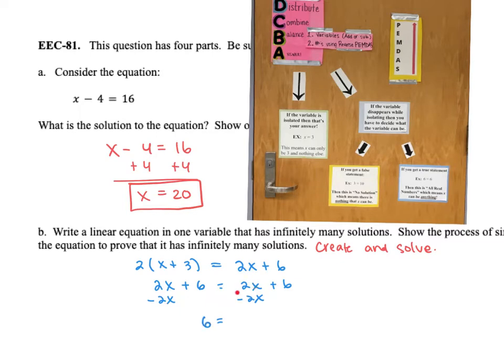And the same thing on the right, 2x minus 2x is 0, it's gone, leaving me with just a 6 on the right. And so because 6 equals 6, oops, I actually shouldn't have circled that because that's not my solution. My solution is, since it's a variable that disappeared and I got a true statement, my solution is infinite solutions or all real numbers.